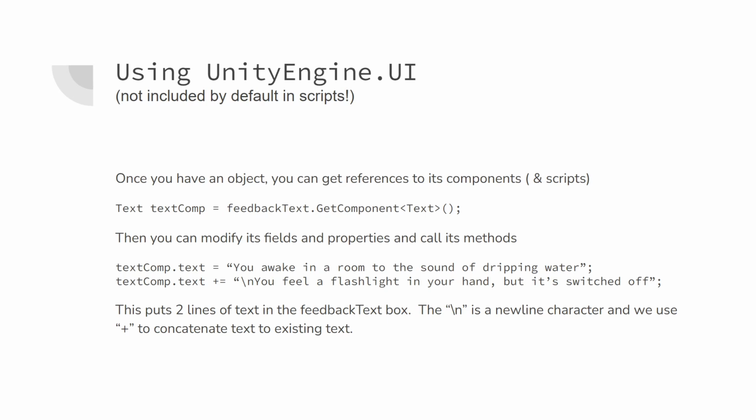This is an example. Once you have the text down in the Text Mesh Pro component, you can use it the same way, where we're adding text to some existing box. As your story unfolds, you can add text to text that's already on the screen, or you can overwrite the text that's in a box. Once you get the text component, you can modify its fields and properties.